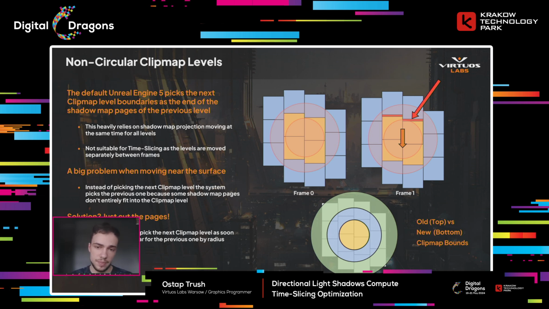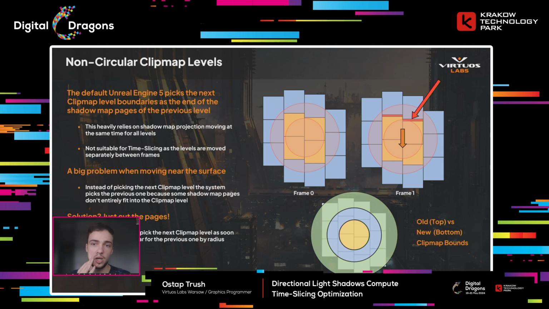However, that is a problem for time slicing because the actual Unreal Engine implementation of clip map levels moves all of the shadow page projections at the same time for all clip map levels, which is, as Ihor mentioned before, not what time slicing does.